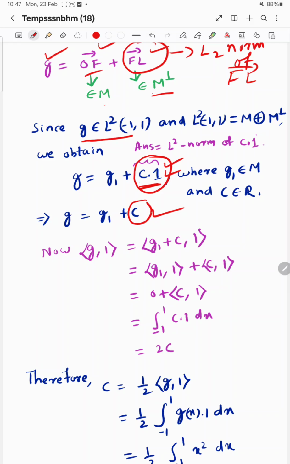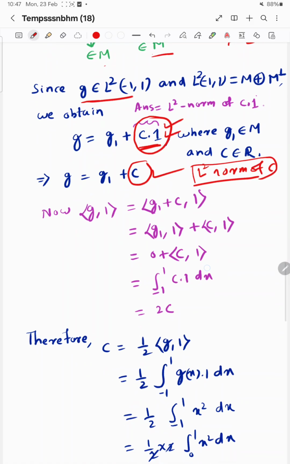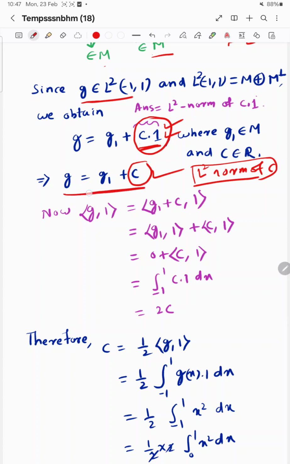The L2 norm of C, not the value of C, the L2 norm of C, this is our answer. But before that, first of all, we have to calculate the value of C. Since g is equal to g1 plus C, we will take the inner product of g with 1. We put this value, and since the inner product is linear, it can be written in this form.